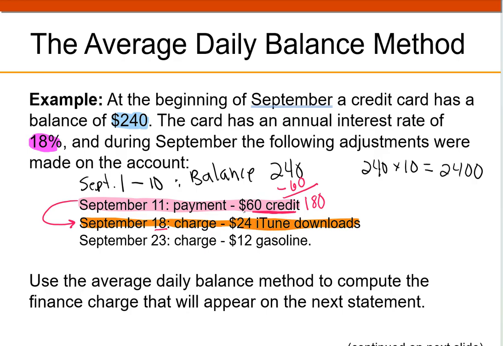From September 11th through the 17th, I'll just use B for balance. Your balance for all of those days was 180. So 11, 12, 13, 14, 15, 16, 17, that's 7 days. So I would take 180 times 7, and that's 1,260.